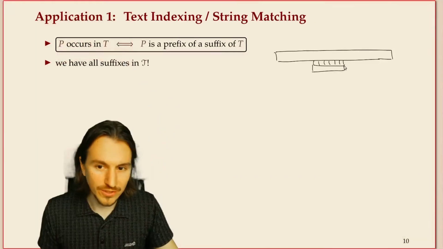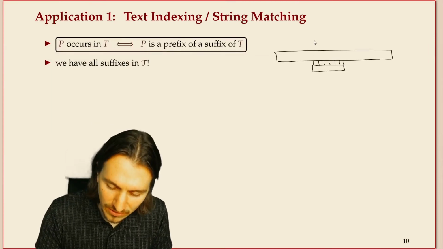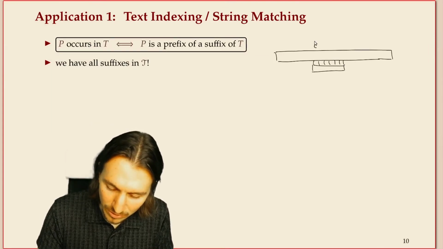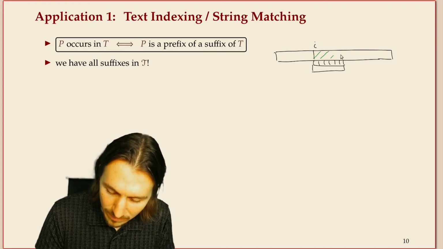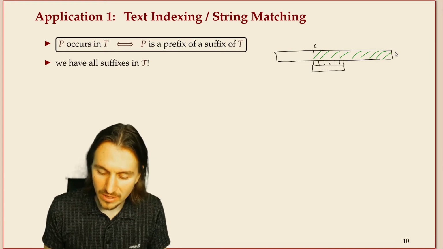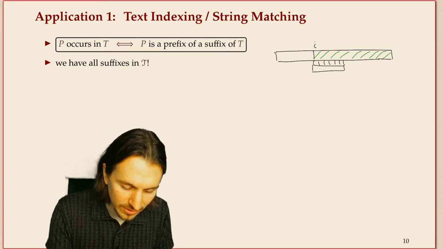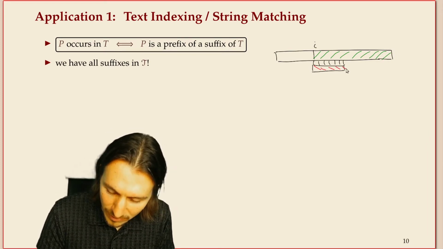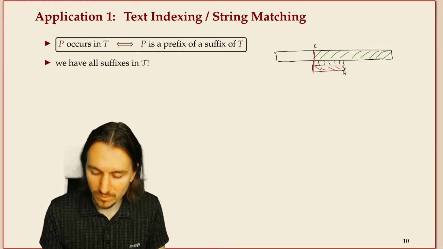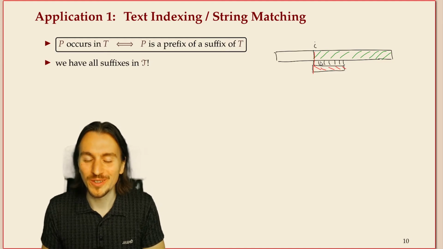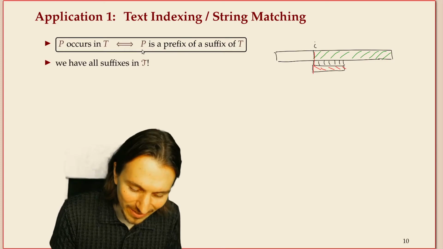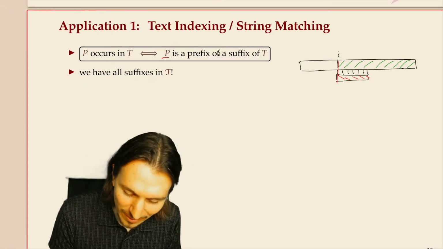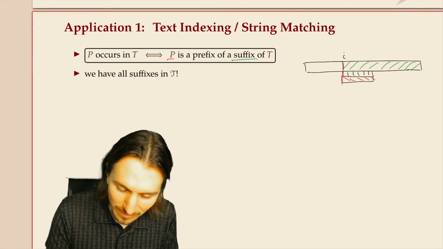Then, of course, if there's a position i, you can take this suffix of T, and P is just a prefix of that suffix. It starts together with it, and it's an initial substring of this green part. So P is a prefix of a suffix of T.